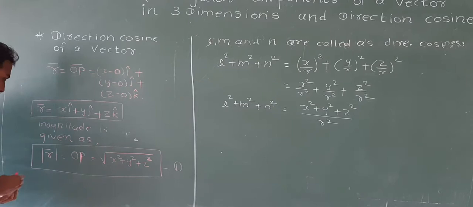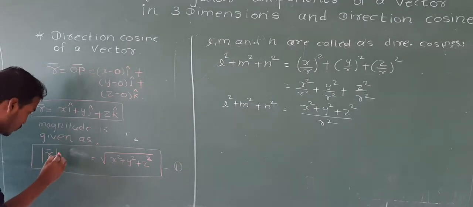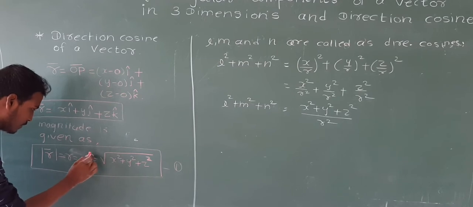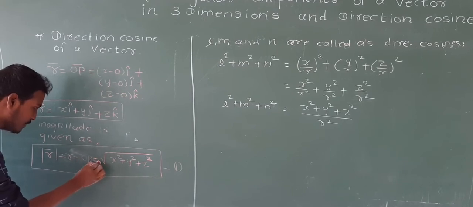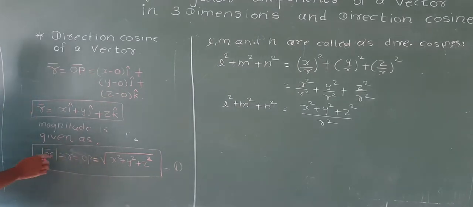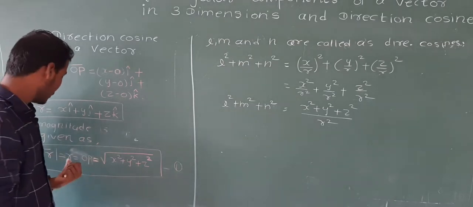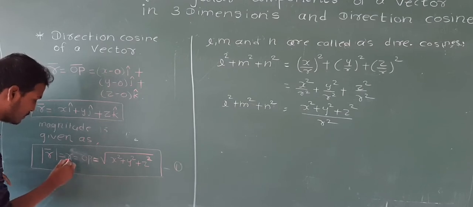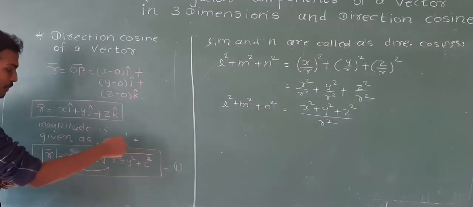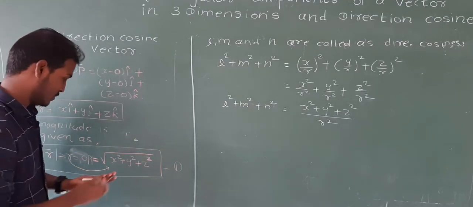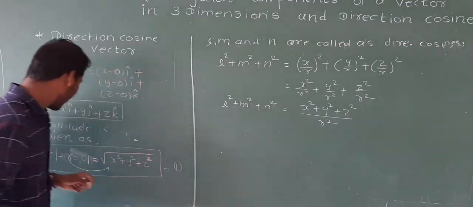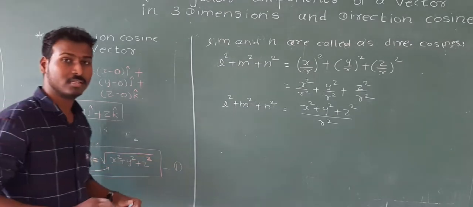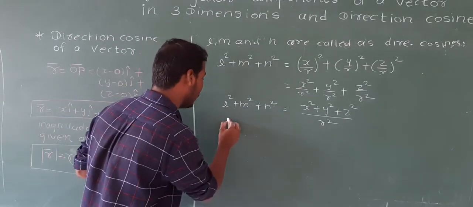Mod r is nothing but r, you also know this, which is OP, the magnitude of OP bar. Similarly, r is the magnitude of r bar. So r is the square root of x square plus y square plus z square, and definitely r square will be only x square plus y square plus z square, because the square root is gone.